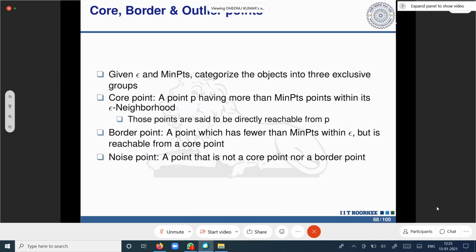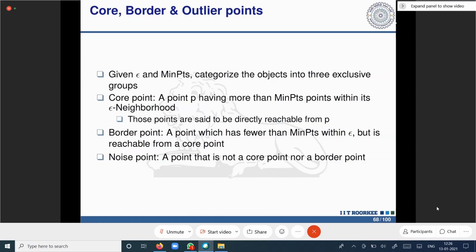Also, there is a concept of core, border, and outlier points. Given epsilon and MinPts, which are the parameters, we categorize the objects into 3 exclusive groups, meaning a data point belongs to only one of these groups. One is a core point: a point P having more than MinPts within its epsilon neighborhood.